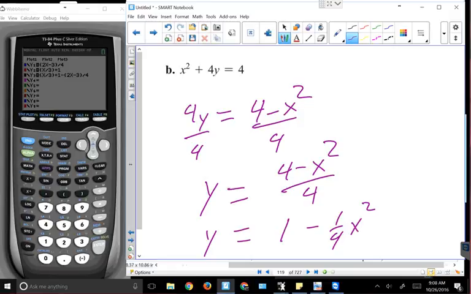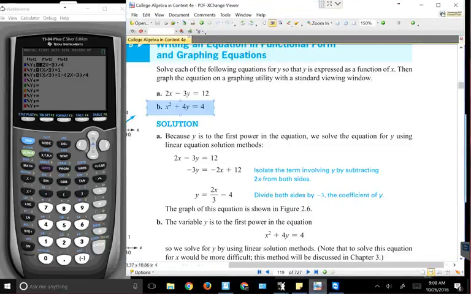And it really always boils down to what is the expected use of it? What is the output of it? If you're supposed to identify slope, well, then you probably better go down to the last one. If you're looking for the intercept, go down to the last one. If you're just simply looking at putting it into a calculator and analyzing its graph, well, then you can just stick with the second one.